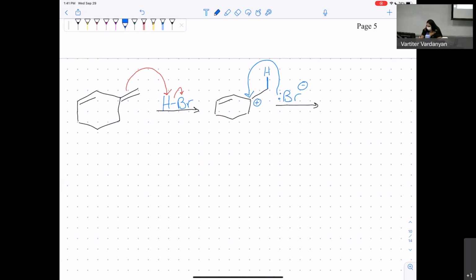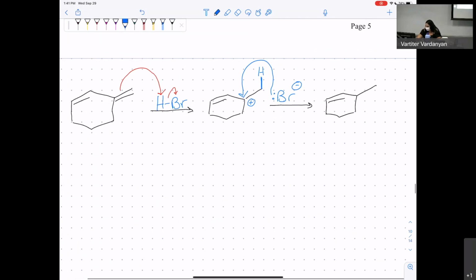So we're going to add a bromine right where that carbocation was. So we end up with an H here and a Br here. It is an addition reaction, yes.